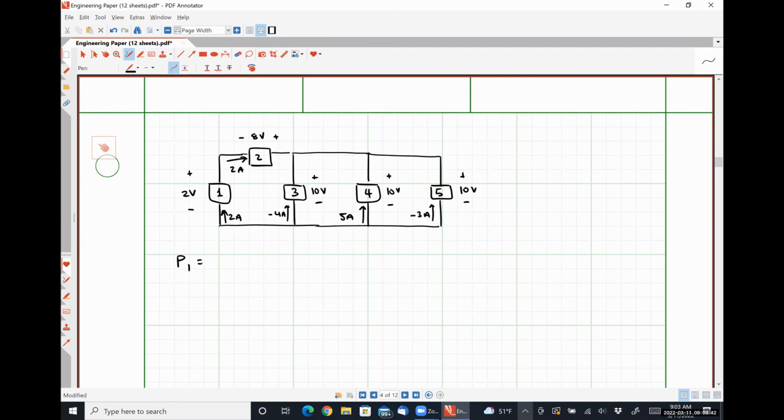So when the current is flowing into the negative polarity terminal, absorbed power is -I times V, okay? So that's going to be -2 amps times 2 volts is -4 watts. Where that negative sign comes from the fact that we are calculating absorbed power, but the current is flowing into the negative polarity terminal, which means we need to add that negative sign.